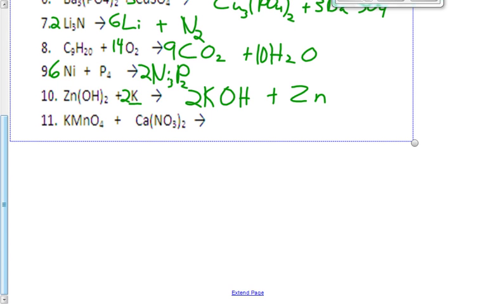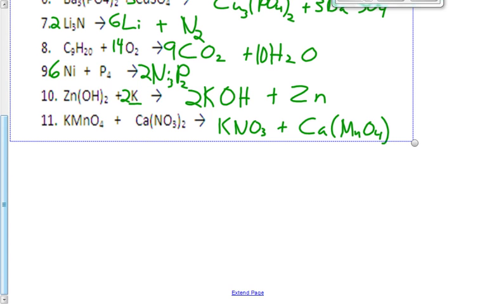And lastly, potassium permanganate reacting with calcium nitrate. Double replacement reaction, so we swap the metals here, meaning that potassium will end up with nitrate, KNO3. Calcium will end up with permanganate. All right. This one here, the potassium nitrate is fine. It's 1 and 1, so okay.